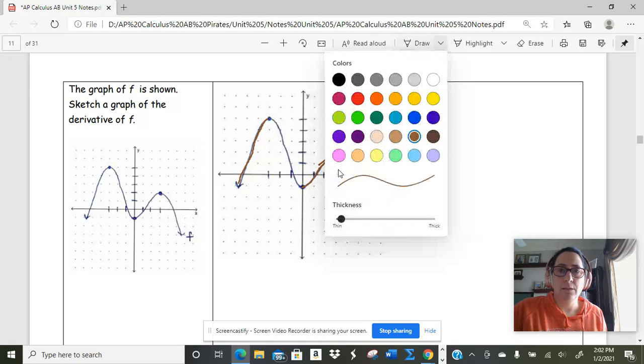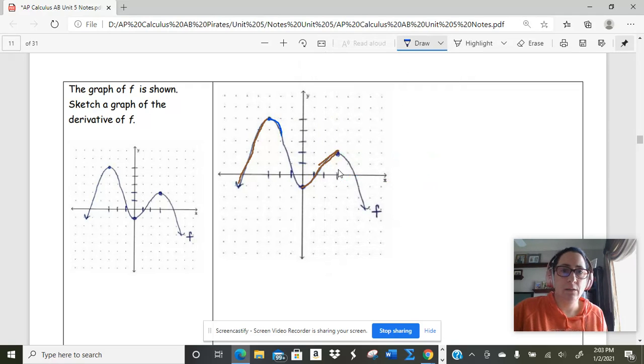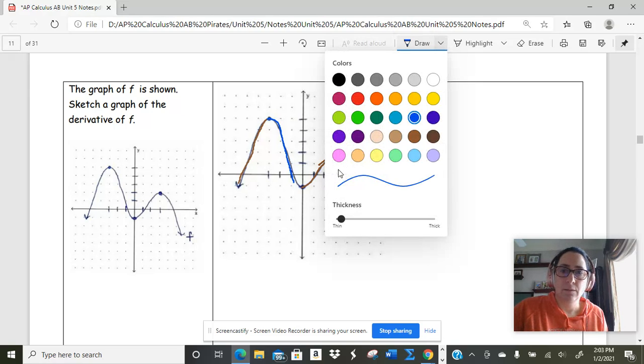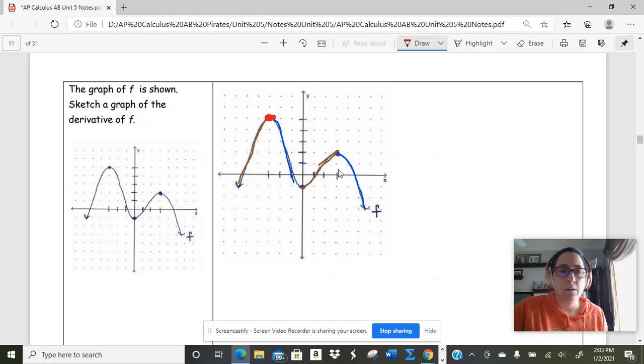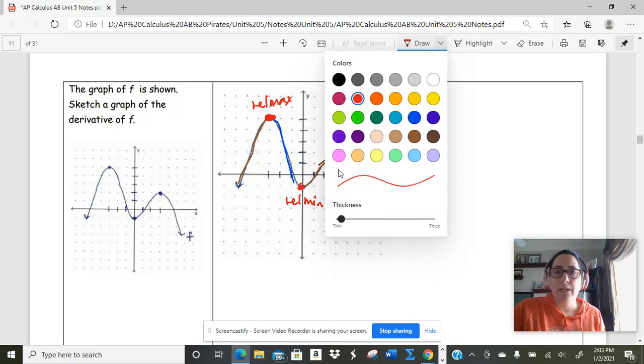This is decreasing, this is decreasing. Relative max, relative min, relative max, okay? See if you can think through that, and then I'm going to help you.